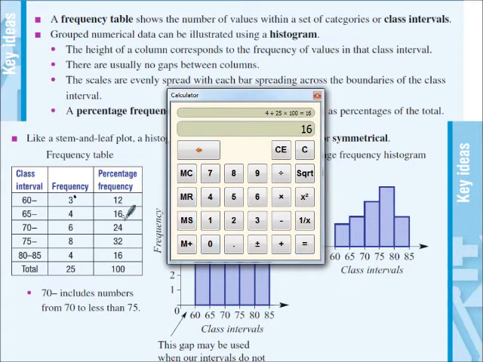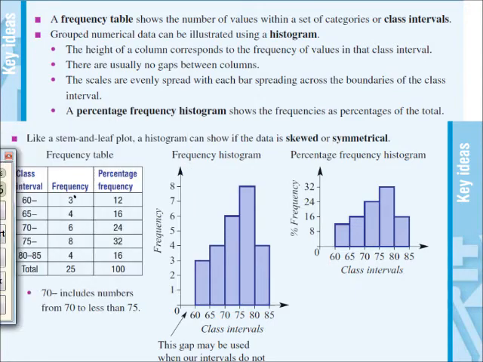So you can see that these are all percentages based on this column here. Note that your percentages, once you've worked them out, should add up to 100, and the total of your frequency column should be the number of bits of information that you have. In this case, 25 old people were asked how old they were.